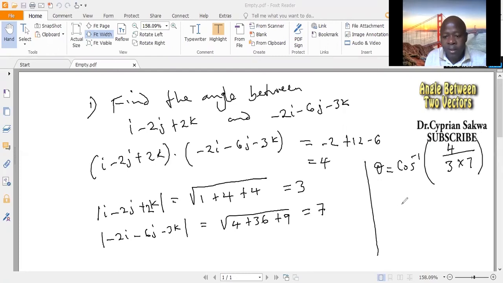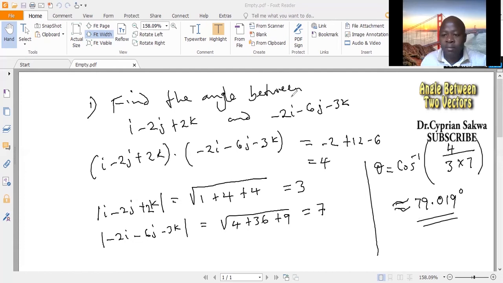And what does this give me? You can use your calculator to get approximately 79.019 degrees. So this would be approximately the angle between these two vectors.